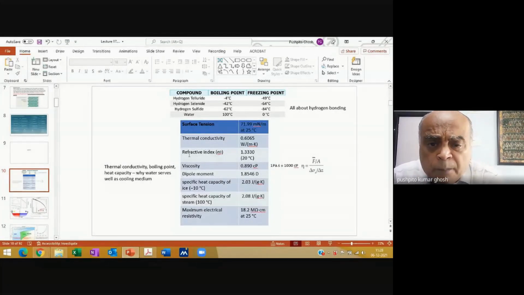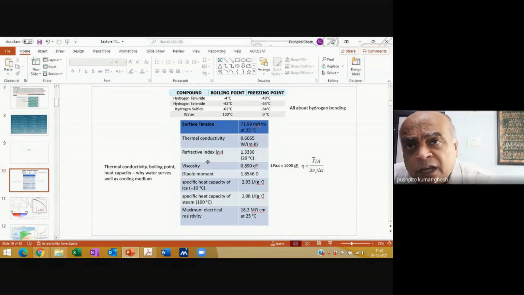Now, this is a property we will not be utilizing much, but let me tell you that it is extremely important to know the refractive index of water. For example, someone had asked me how to get an online device to measure impurities in water.